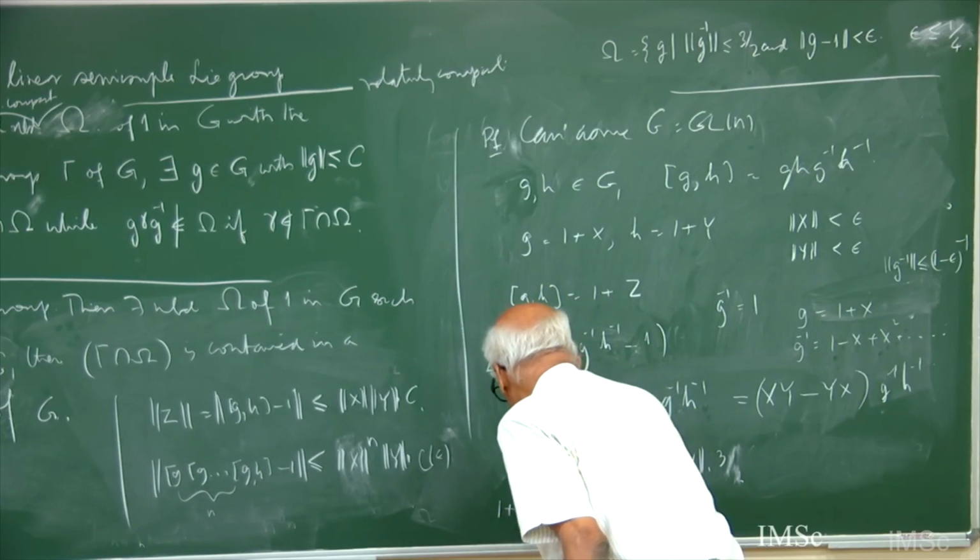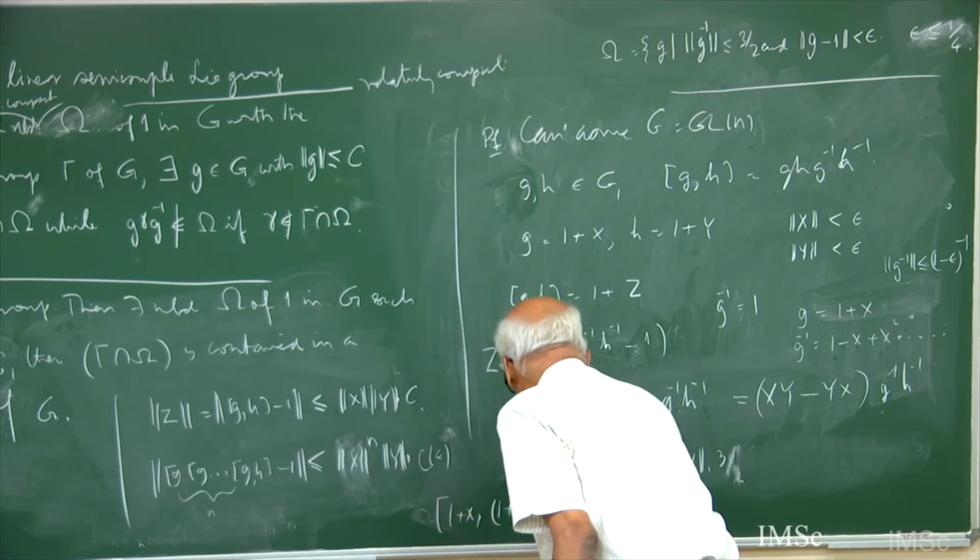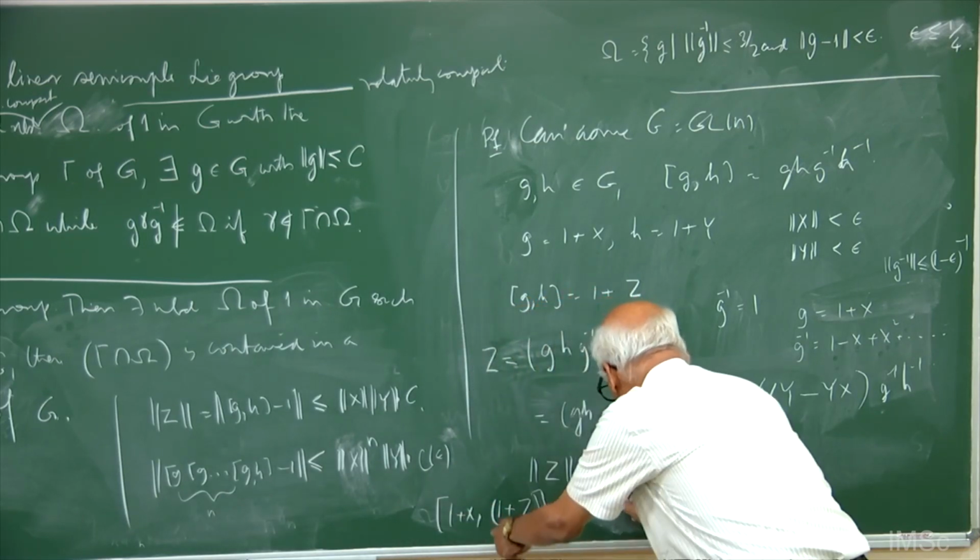So if I look at the commutator of 1 plus z and 1 plus x, I'm going to get less than or equal to norm x.